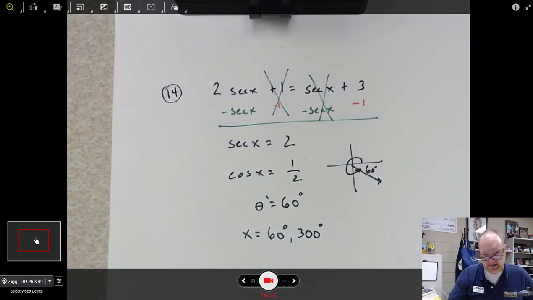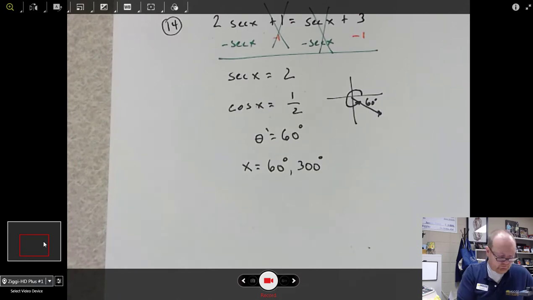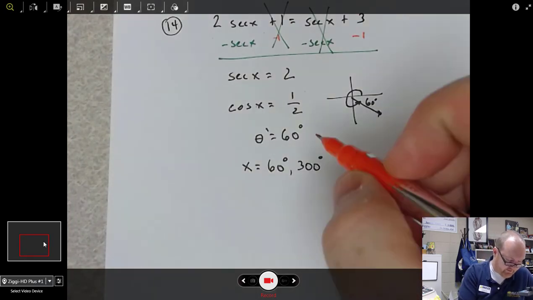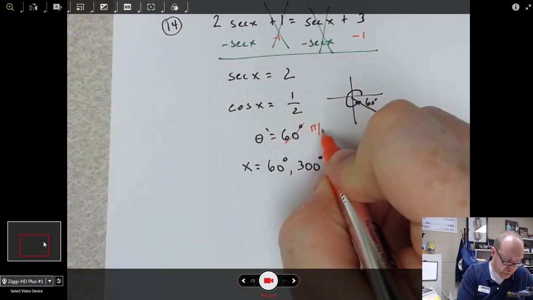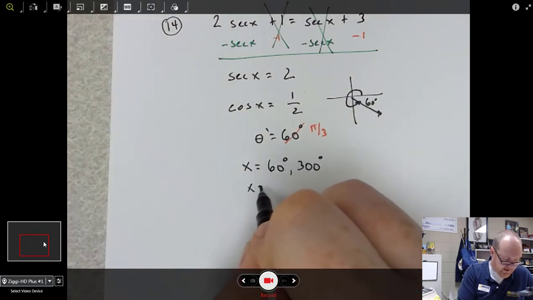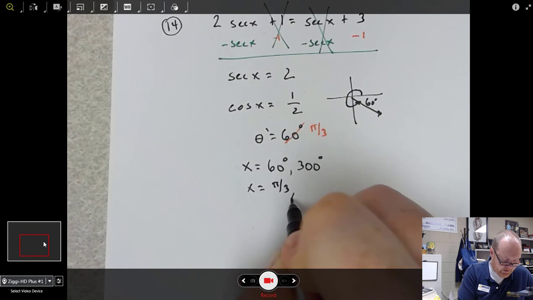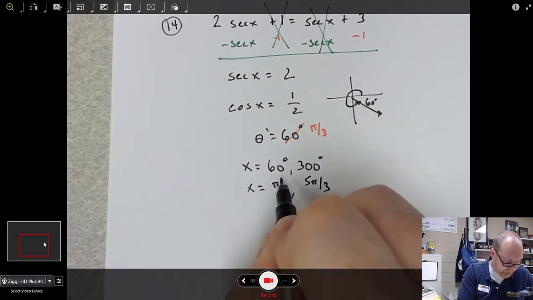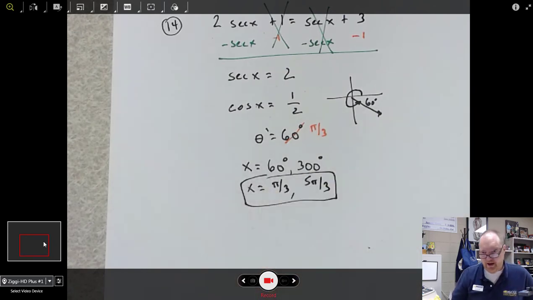Again, in radian measure, these are multiples of 60. 60 in radians is pi over 3. So you can think about just the multiples of pi over 3. You can do the conversion. I'll leave that for you to think about. But my solutions here are pi over 3 and 5 pi over 3.